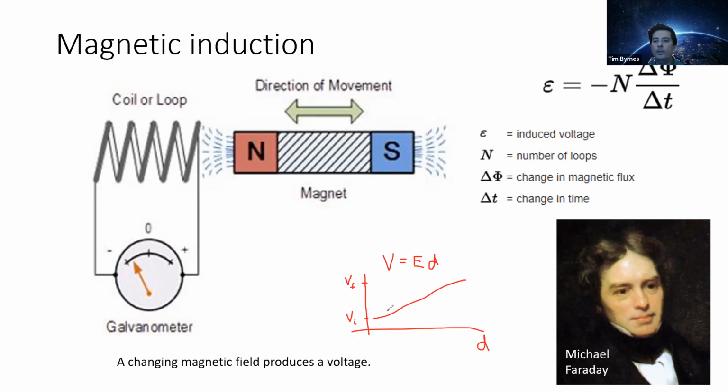A high electric field will produce a high voltage change quickly. So another way to view this is that a changing magnetic field will produce a changing electric field. And that's going to be the key concept that we're going to need to understand electromagnetic radiation.